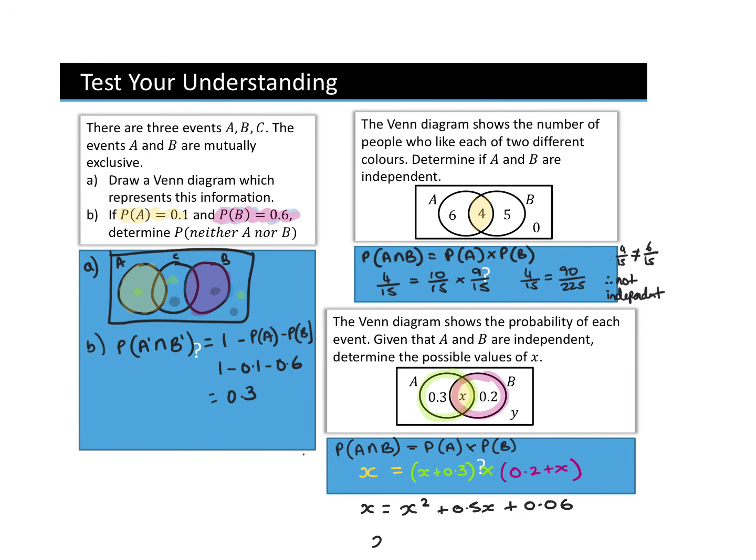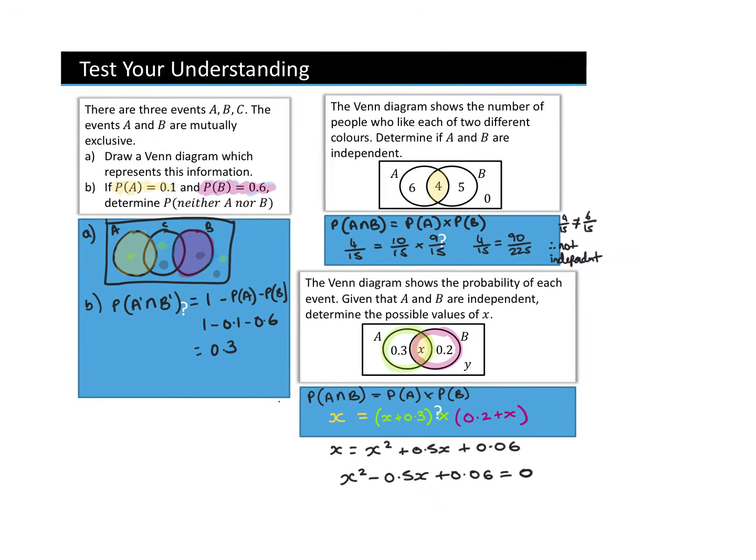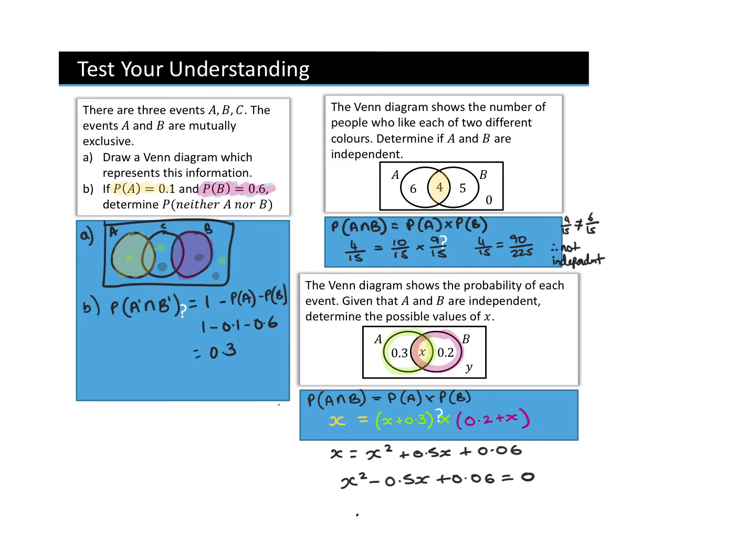So that means X squared minus 0.5X plus 0.06 equals 0. And what have I done here? I've just minused X. If I now put that into my calculator, I'm going to get two answers for X. I'm going to get X equals 0.2 or X equals 0.3.